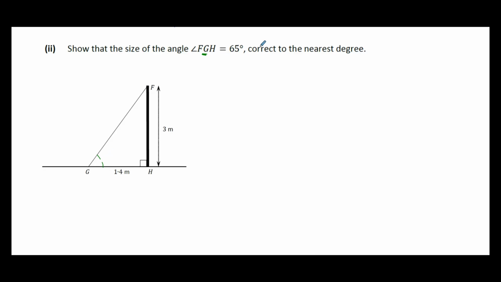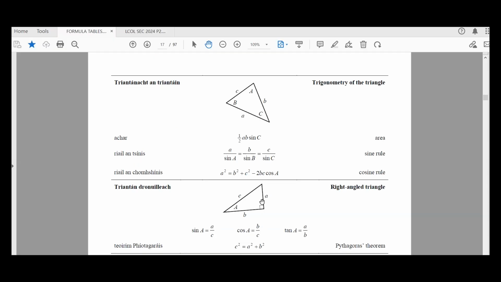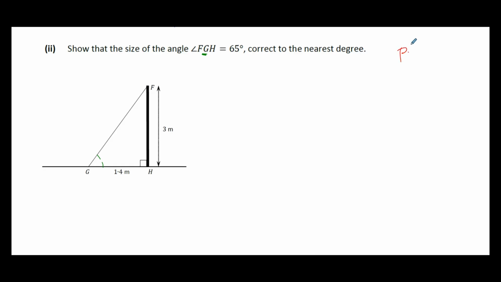So when it comes to the angles, again, this is the same right angle triangle. Our page 16 is saying that when you have a right angle triangle, you have two options, either one of the trigonometric ratios or Pythagoras. Now, to make that choice simple, what I'm always saying with a right angle triangle is that Pythagoras is the formula C to the power of 2 equals A to the power of 2 plus B to the power of 2, and all those letters represent the length of a side of the triangle.